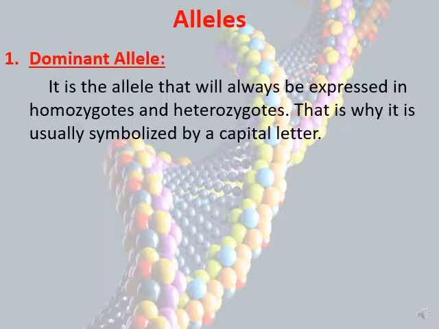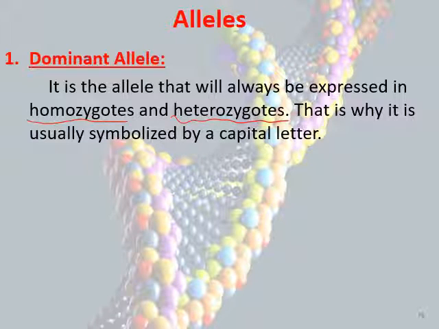So dominant allele is the allele that will always be expressed, whether in a homozygous case, with two identical alleles, or in a heterozygous or hybrid case, with two different alleles. That's why it's usually symbolized by a capital letter. This is the strong one.